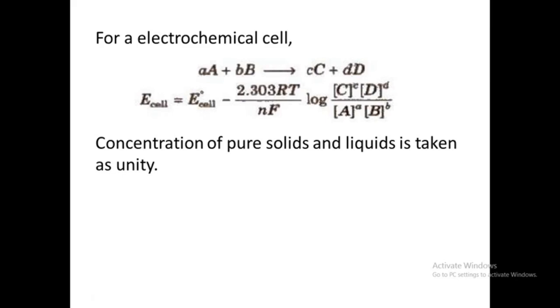So this equation gives the relationship between the concentration of the electrolytes used in the two half cells and the cell potential. In the case of pure solids and liquids, the concentration is always used as 1 or unity. So this equation will be used to calculate the electrode potential of some half cells or to solve some numericals.